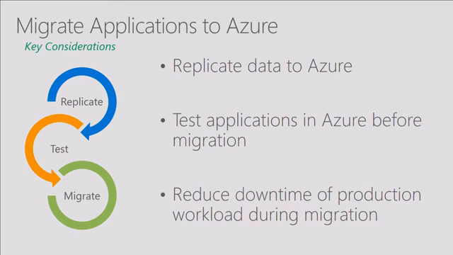If I have replicated the data, I will still not be confident that my application will continue to work the same way it's working today. Before I do the actual cutover, is there a capability by which I can test my migrations and ensure that I have tuned it to the right performance, I've tuned it to the right settings, and ensure that the application will work the same way, my customers will have the same experience. So that becomes your second consideration, which is about testing. Third, applications are business critical.